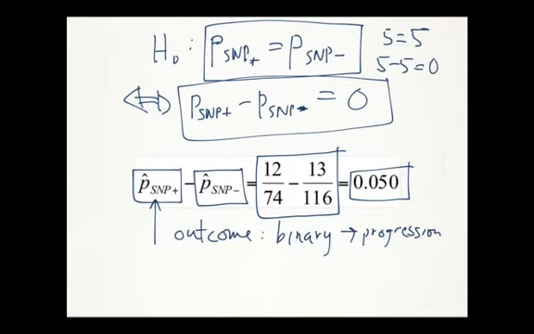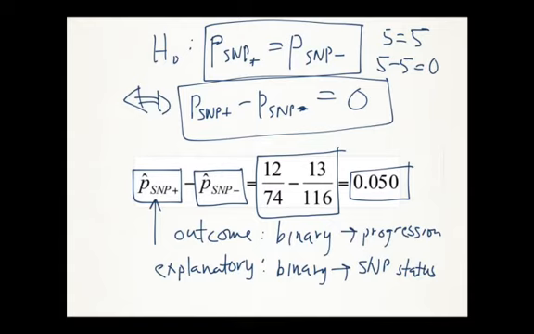And the explanatory variable or covariate is also binary or dichotomous, and it is which group you're in, so SNP status. We haven't yet spoken about a test for a binary outcome with a binary explanatory variable. This is a two-sample test for proportions.